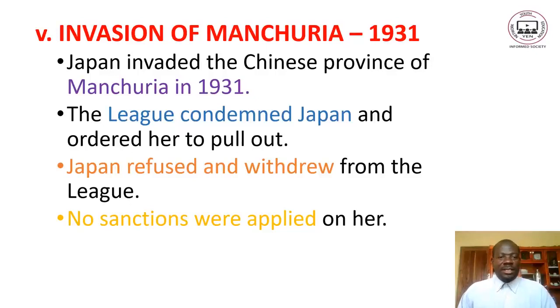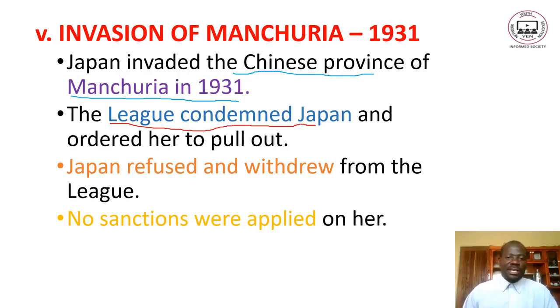Then there was also the invasion of Manchuria in 1931. Japan invaded this Chinese province of Manchuria in 1931. The League condemned that action by Japan and ordered Japan to pull out of Manchuria.